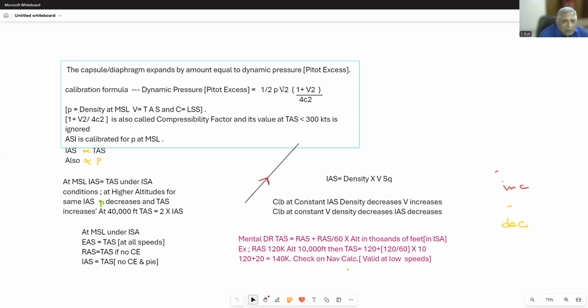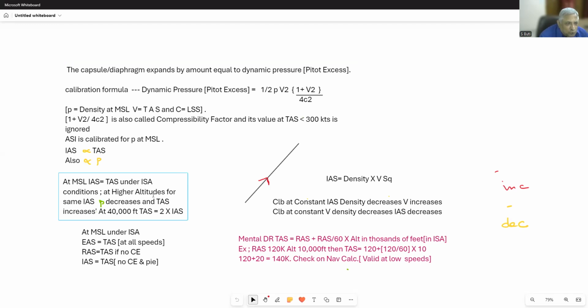The aircraft ASI is calibrated for density at mean sea level. At mean sea level, this true airspeed V will be shown to you as the indicated airspeed, provided density is as per ISA. So then IAS itself will be your true airspeed.